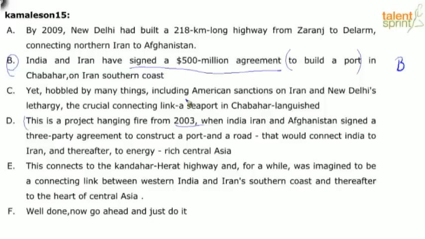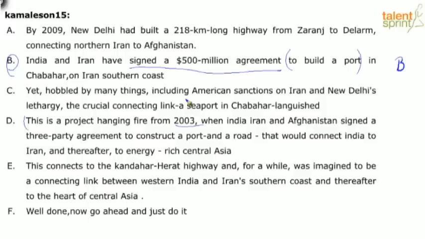So which is a sentence that is probably keeping track of what's happened over the years, right? A. By 2009, New Delhi had built a 218-kilometer long highway from Zaranj to Delam, connecting northern Iran to Afghanistan.